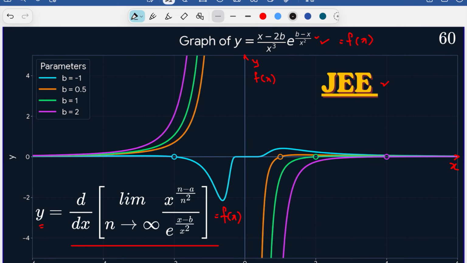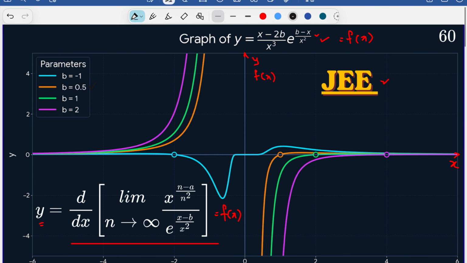Try to cross check when b is equal to minus 1 how it behaves, when b is equal to 0.5 how it behaves. For b is equal to 1, I have already shown you. And what about when b is equal to 2?